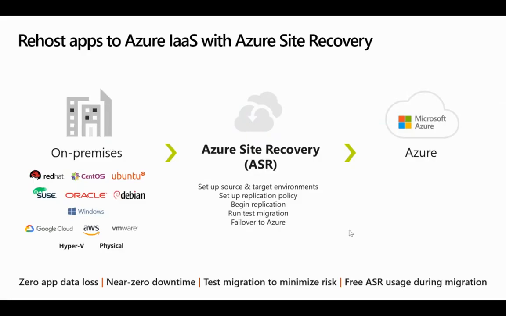Let me give you a quick example. Azure Site Recovery helps you set up the source and the target environment. I don't want you guys to assume it, but let me put it this way: you have an on-prem environment, your file server. You have spun up a VM over the cloud, and you are doing a backup of your on-prem file server to the Azure cloud by using this method called Azure Backup.